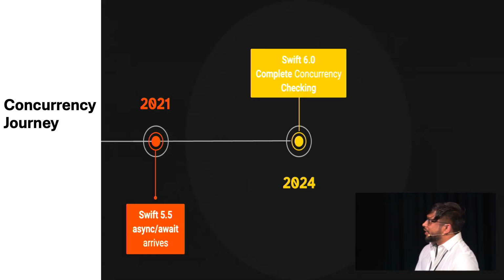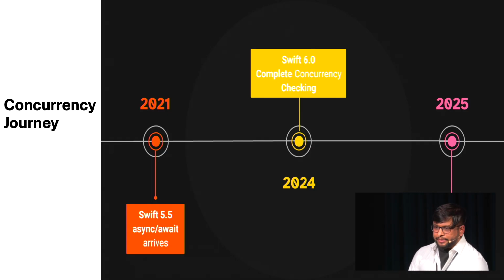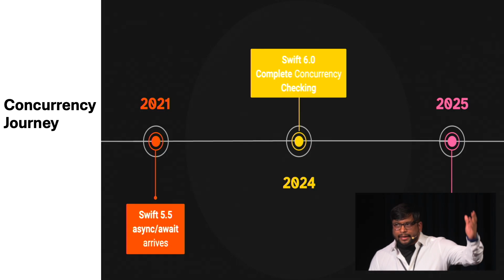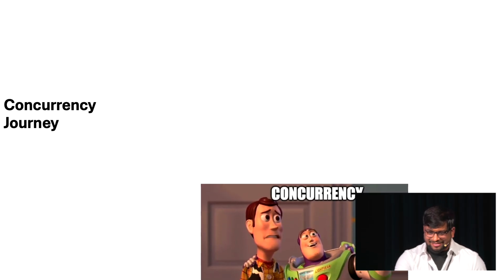And the migration path was too steep. There were so many errors. We had Sendable or main actor issues. In 2025, we got approachable concurrency. It's a practical adaptation. We have gone from this is great, to this is impossible, and now this actually works.